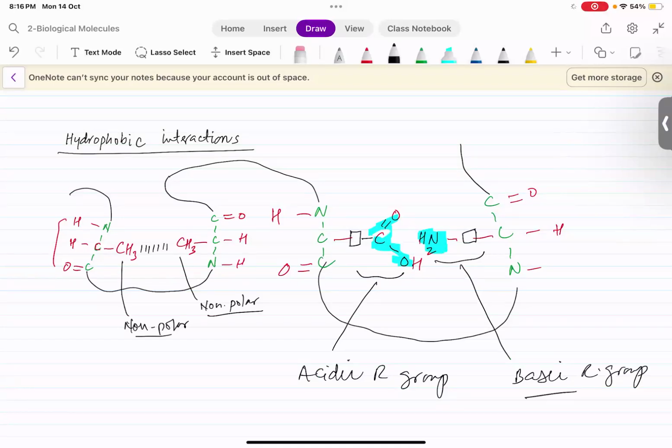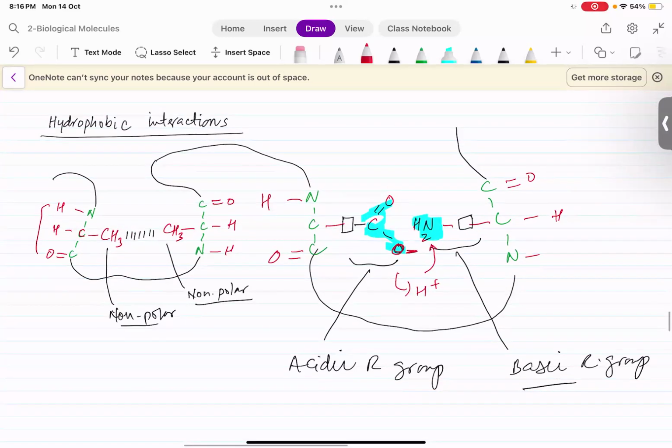We know that acids, when dissolved in water, they lose hydrogen ion to the medium. So this loses hydrogen ion to the medium, and because it loses hydrogen ion, this oxygen will have a negative charge on it, and this hydrogen ion is taken up by this base, and this will have NH3 plus here.